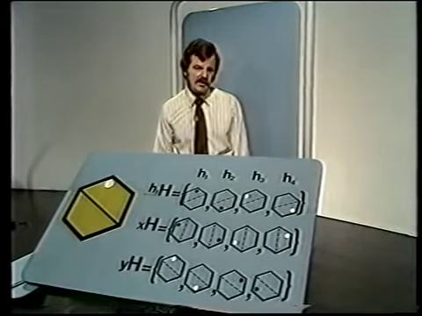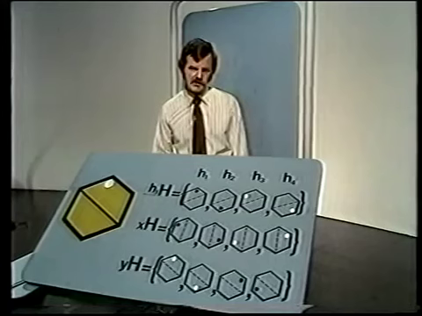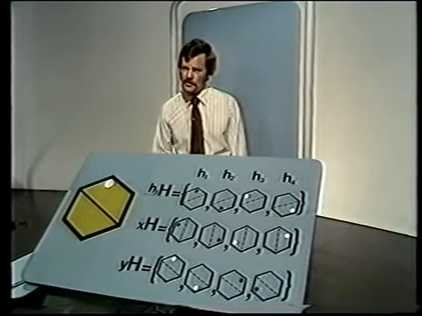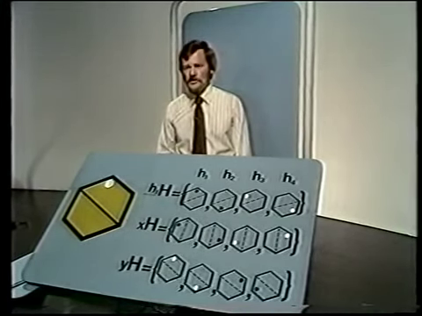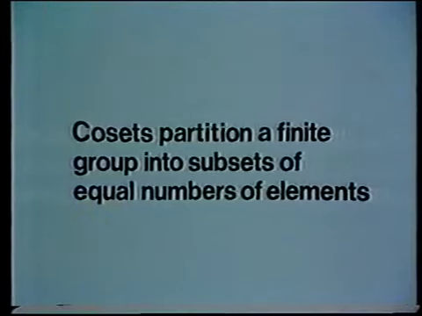For any group and any subgroup, the cosets of the subgroup always partition the group. And in particular, if we look at a finite group, then each coset will also turn out to have the same number of elements as the subgroup. So cosets partition a finite group into subsets of equal numbers of elements. And that's the basis of Lagrange's theorem.